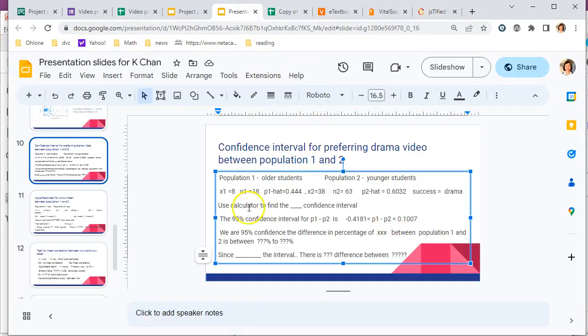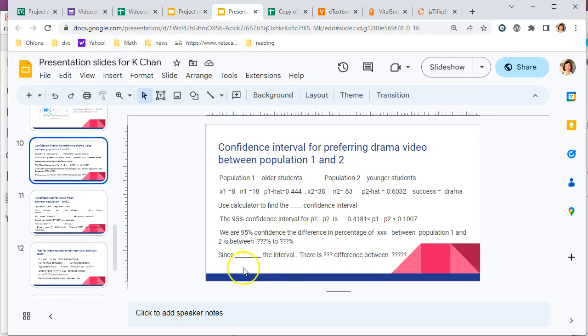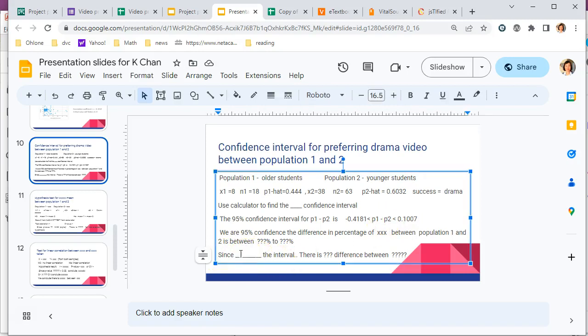So I recorded here the confidence interval for the difference in proportion of dramas. Make sure that you record the success, what you are counting. And then you can write this interpretation. We are 95% confident, those things. And then the analysis: is 0 in the interval? Yes, 0 is in the interval.